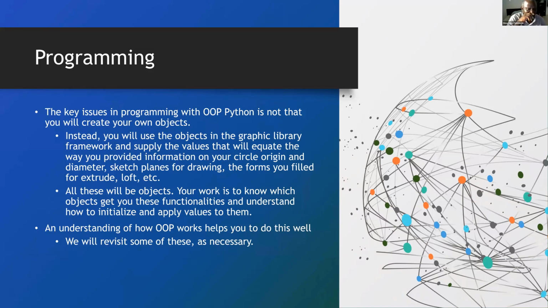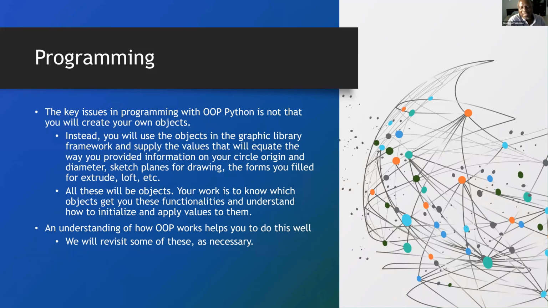You are going to be presented with objects, and it is in giving those objects values that you do the same thing. So if you want to say a circle is 2 millimeters, there's going to be an object that you equate to 2 millimeters that will make that circle 2 millimeters and put it on your chosen sketch plane.